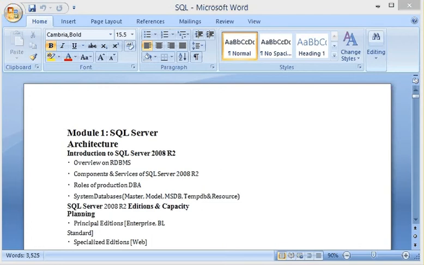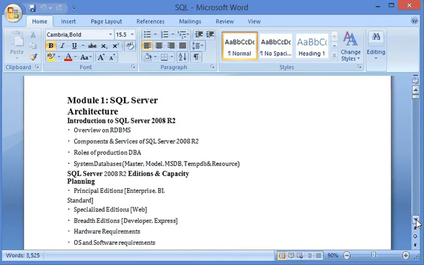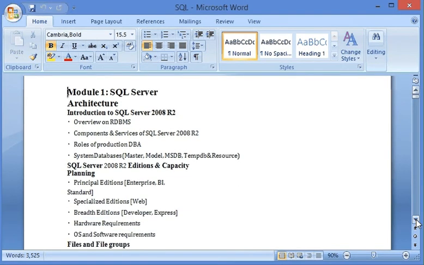For this session today, I'd like to show you the contents of what I'll be covering in my classes. For the first, I divided this into some modules, wherein the first module gives information on SQL Server architecture, which is the basics of SQL Server.